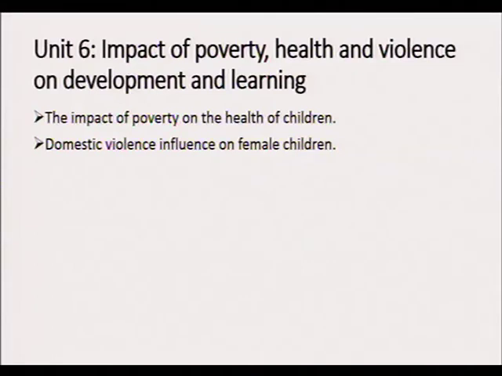The first question, the impact of poverty on the health of children. Children that live in extreme poverty, how does the extreme poverty that they live in affect their health? Okay, so you have to discuss this. It's worth 8 marks. Give a thorough discussion of how poverty will affect the health of children.